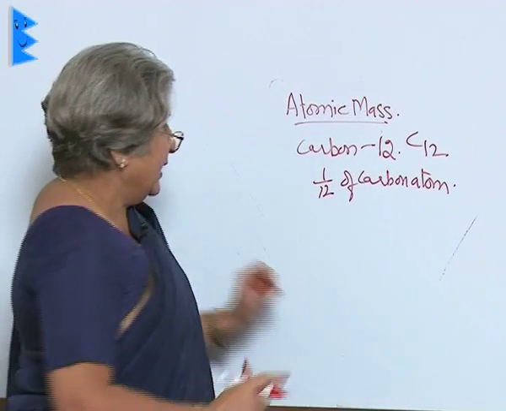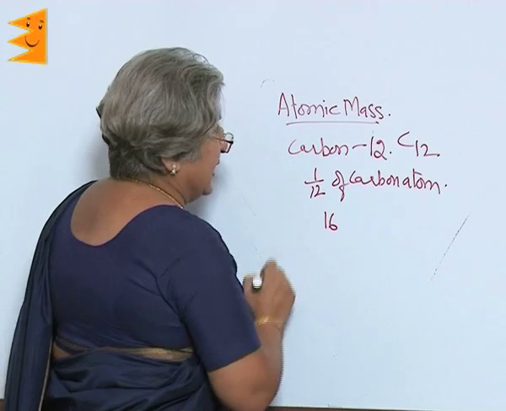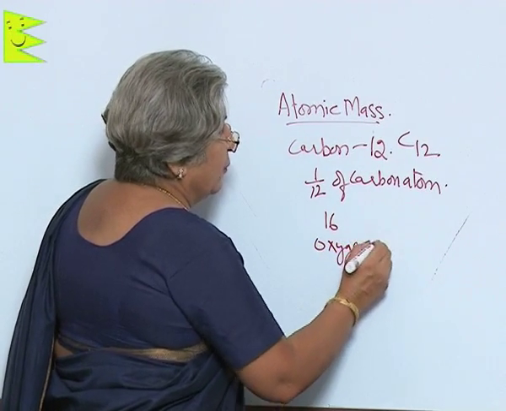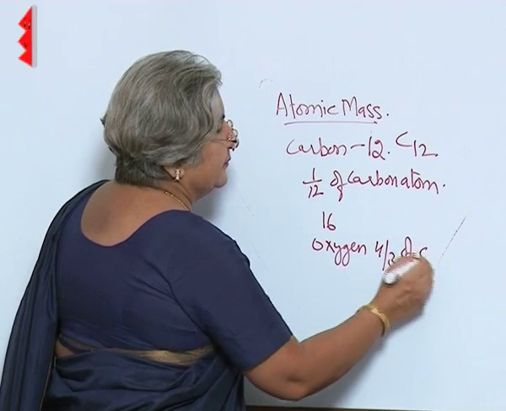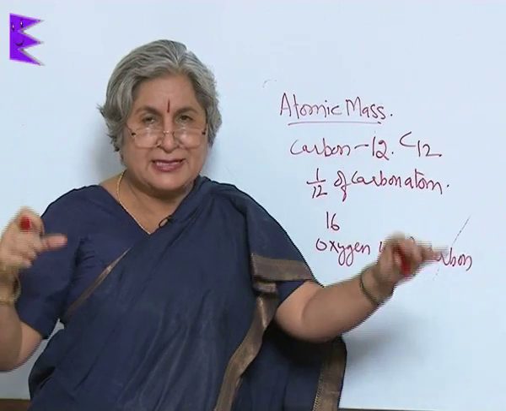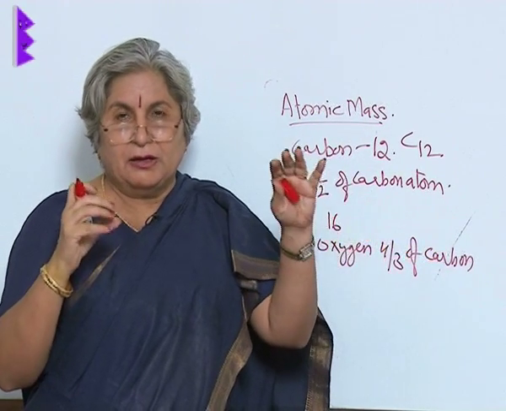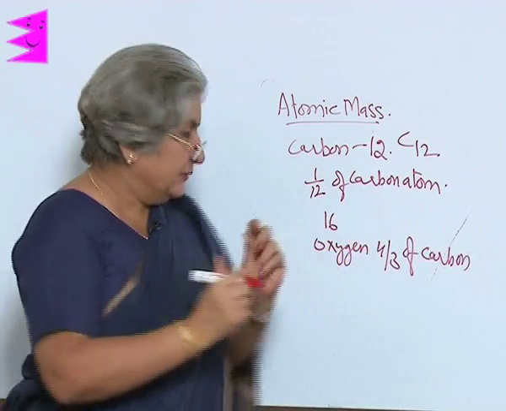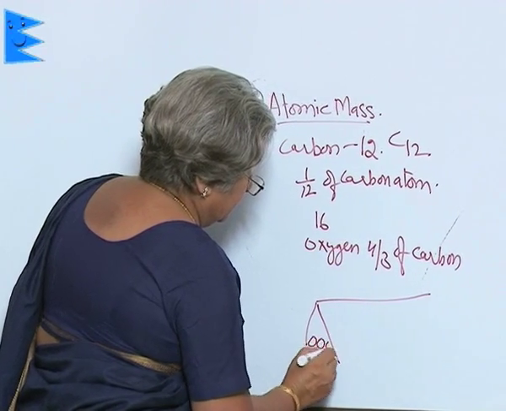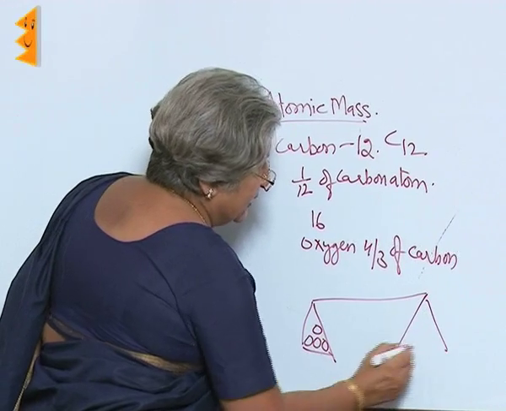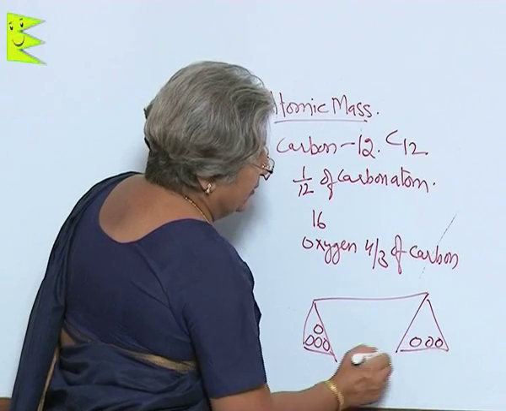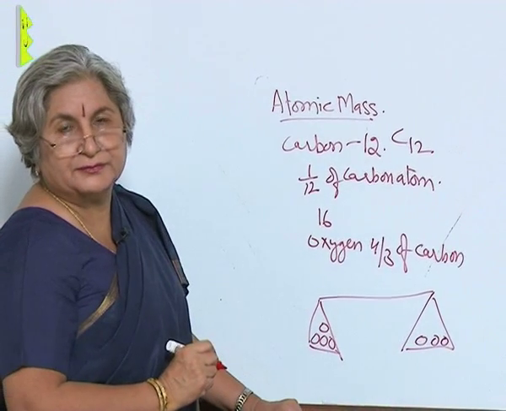So, we can say if oxygen atomic mass is 16, then that means oxygen is 4/3 of carbon. Or if you are going to weigh, if on one side you keep say 4 atoms of oxygen, then on this side if you want to weigh it with carbon, there will be 3 of carbon.